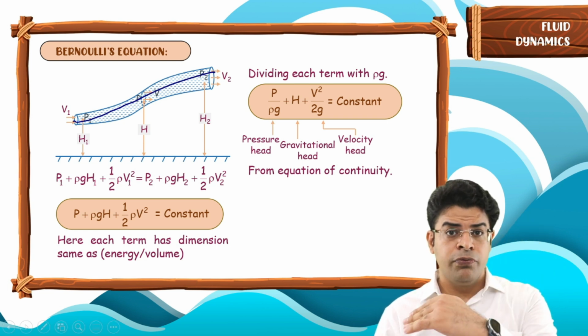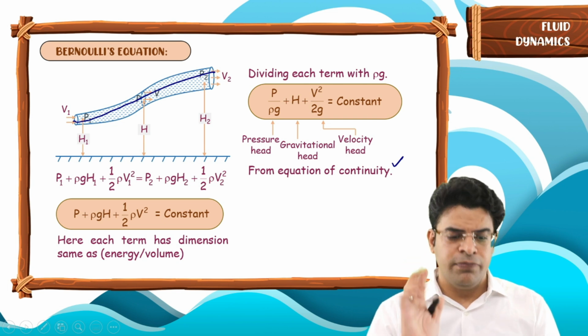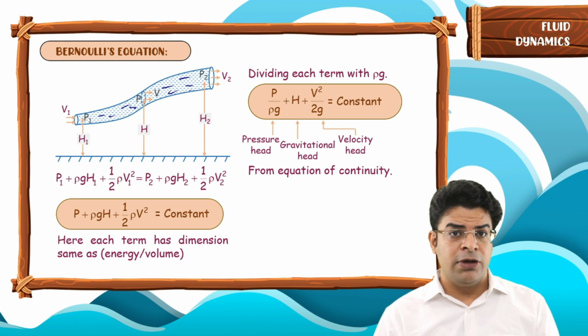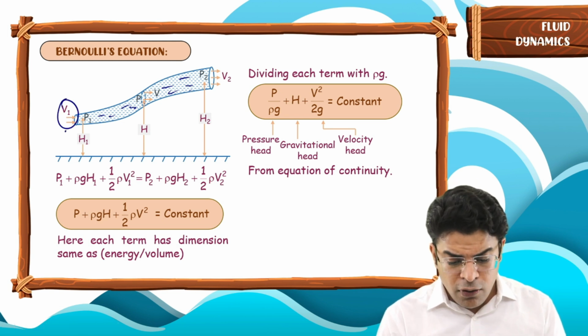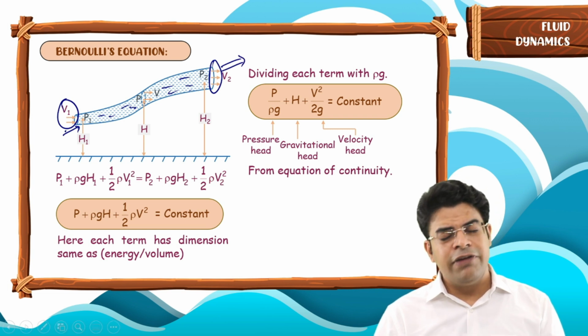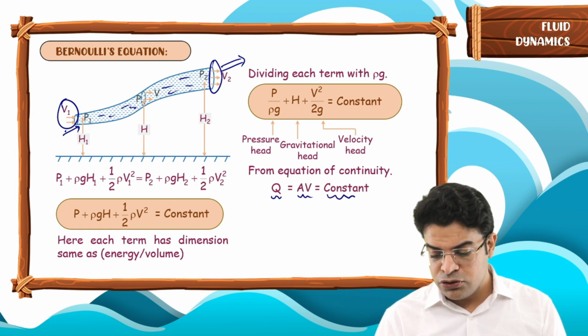Now moving on, from the equation of continuity, it doesn't matter whether the fluid level rises or goes down. We get the equation of continuity from volume conservation. If the fluid flowing in this tube is incompressible, then the rate of volume of fluid coming in has to be the same as the rate of volume of fluid going out. So we can say with guarantee that the volume flow rate, which equals Av, has to be constant.